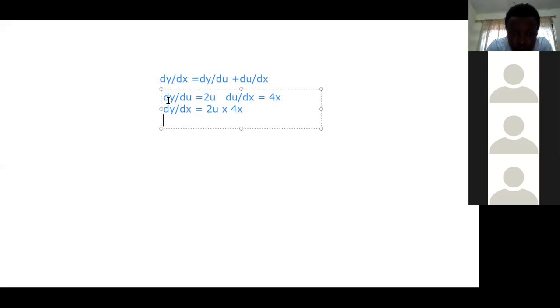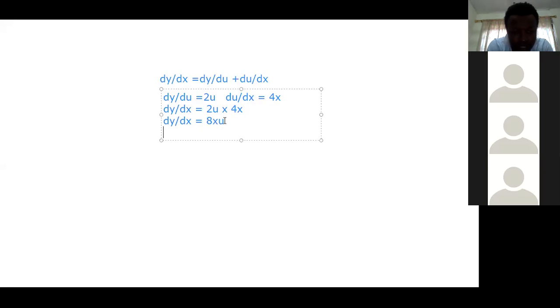Looking at the formula, dy/dx is equal to what? 2 times 4 will give us 8, so I'm going to get 8xu. I hope I'm not wrong.